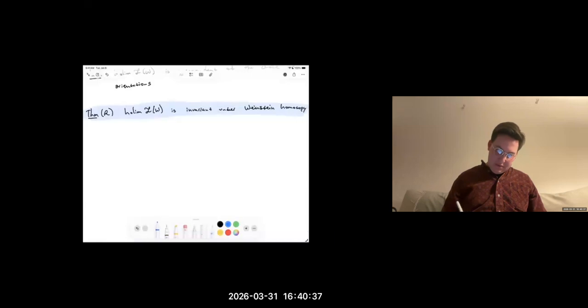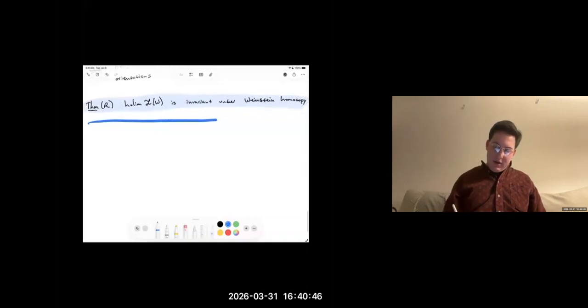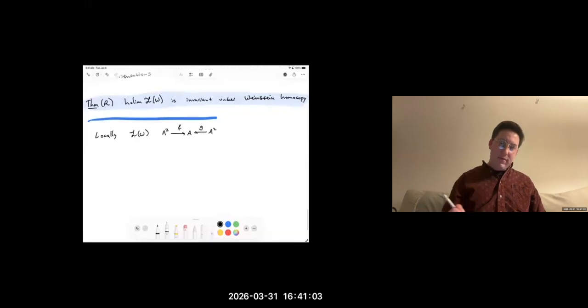Okay, so here's the model category part of the story. We noticed that locally, L of W was a pullback with respect to some functors.